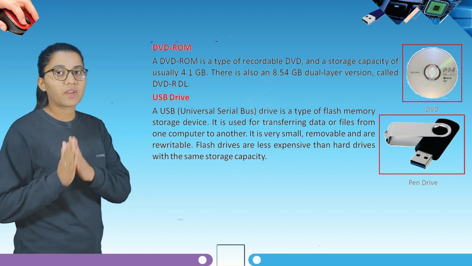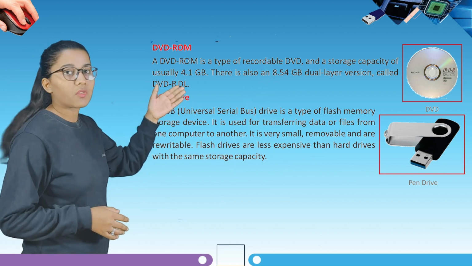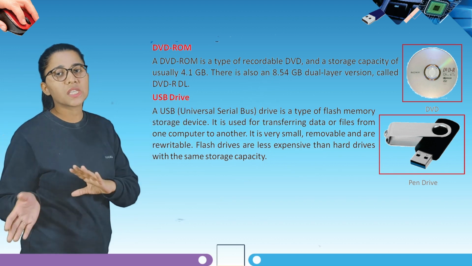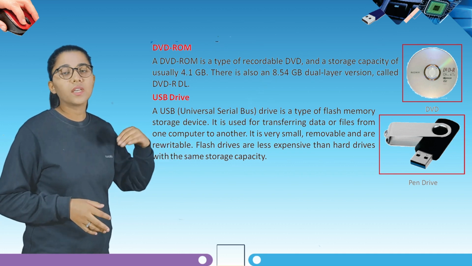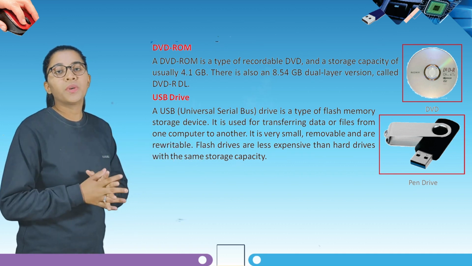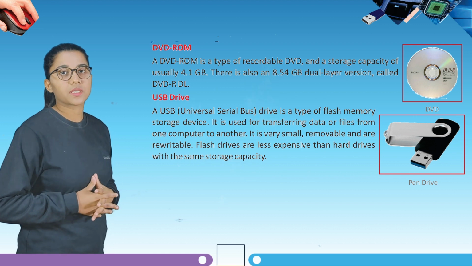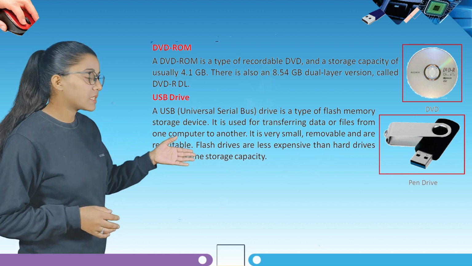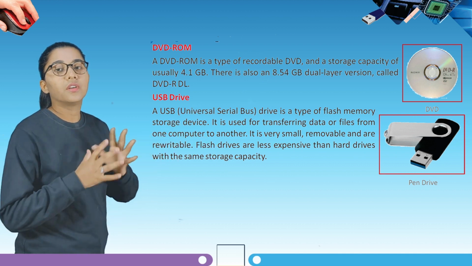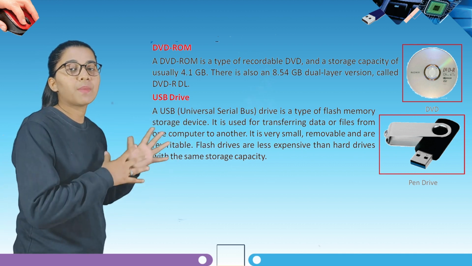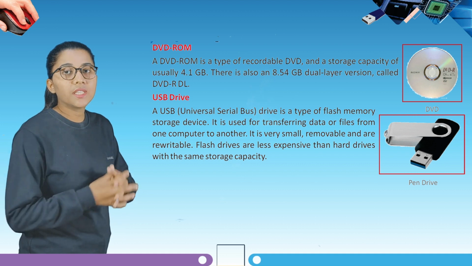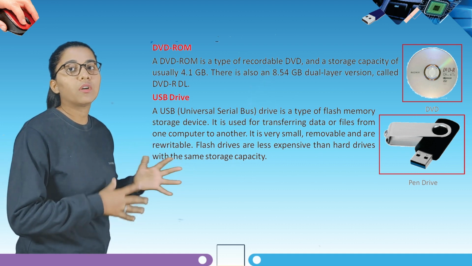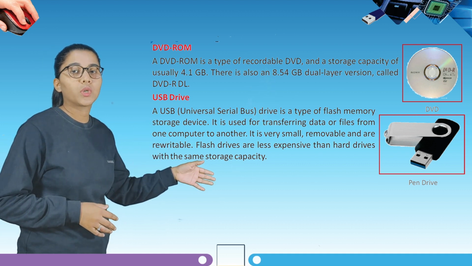Now our next device is USB drive. You have usually seen USB drives in your homes and everywhere. It is a very common device to store memories. Now let's learn about it. A USB, that is Universal Serial Bus drive, is a type of flash memory storage device. It is used for transferring data or files from one computer to another.